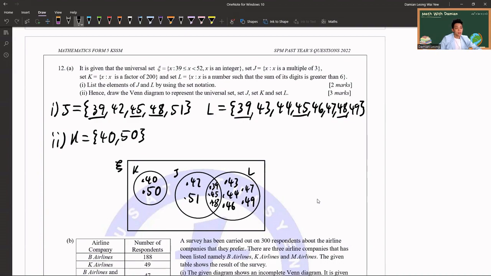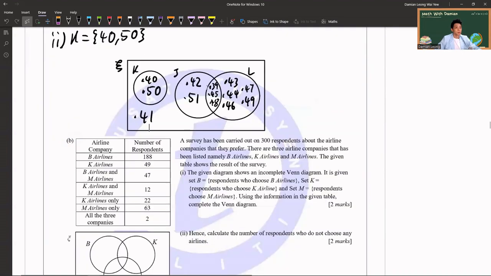So I have 39, 40, missing 41, put outside. 42 here. 43, 44, 45, 46, 47, 48, 49, 50, 51. So only 41 will be outside here. That is the Venn diagram.